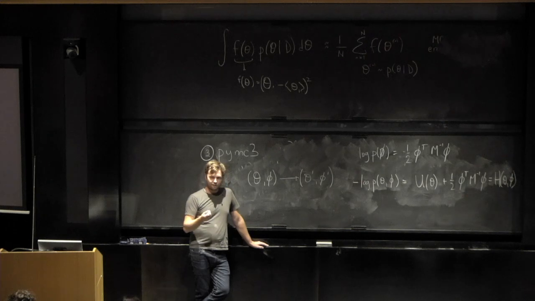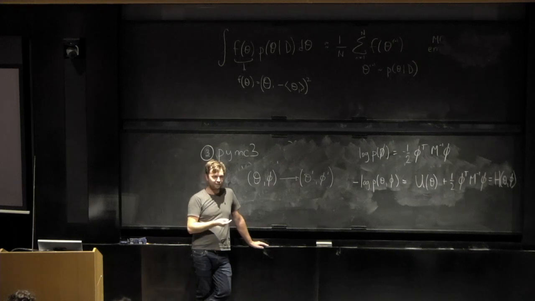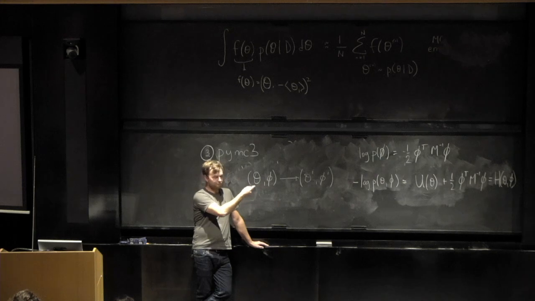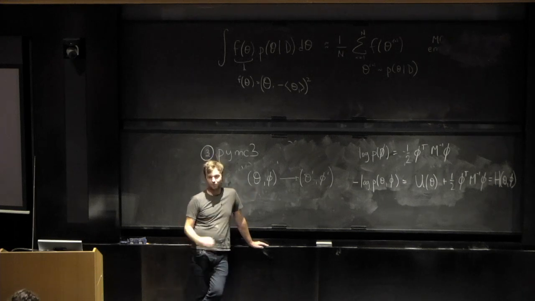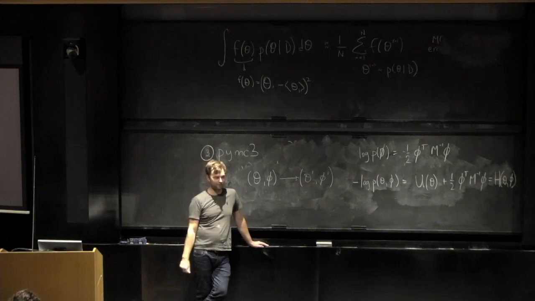Remember that to do the accept-reject step, the thing that matters is the difference in log probability, which in this case would be the difference in Hamiltonian, or the difference in energy. So if we integrate our system conserving energy, then our acceptance probability will be 1. We're always going to accept any proposal that we make.